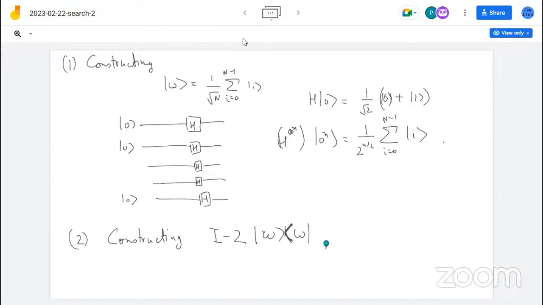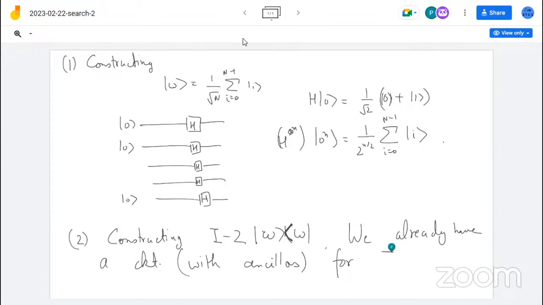We already have a circuit with ancillas for I minus 2 0 0.